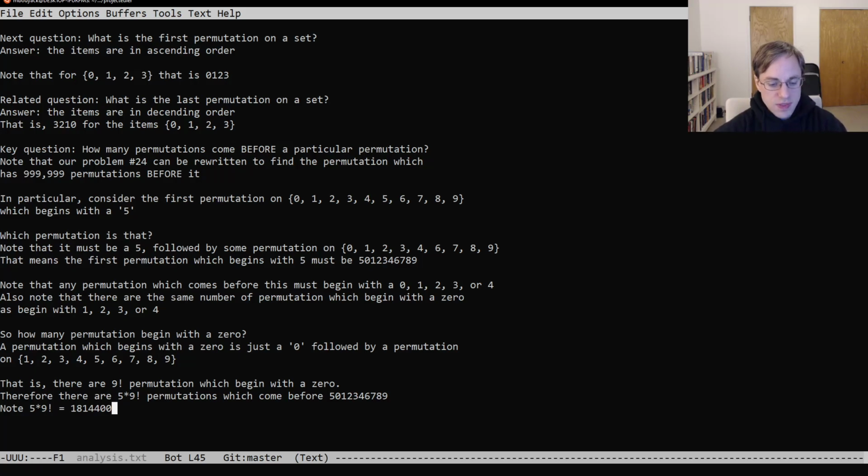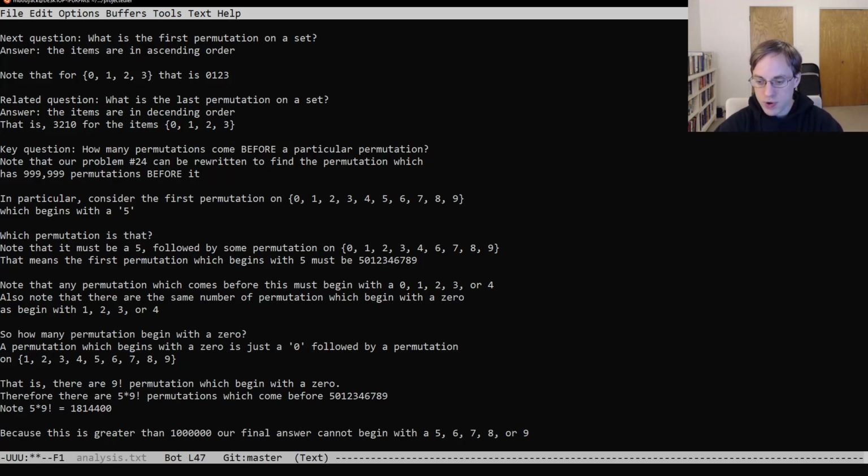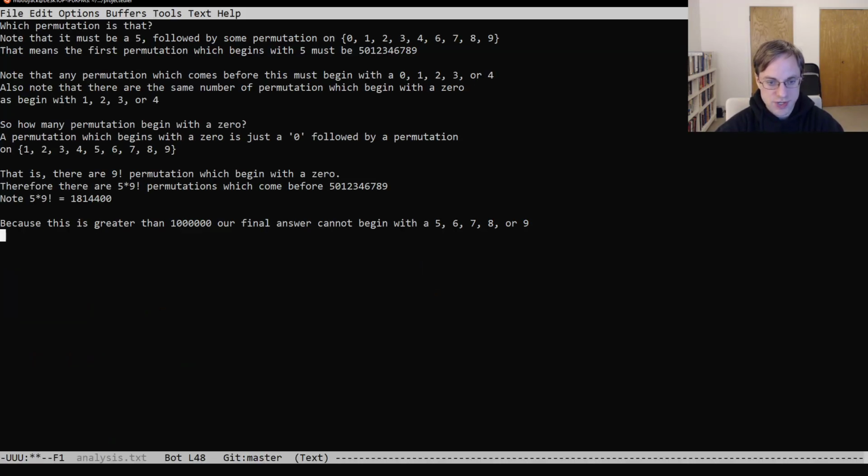And so you'll note that this is greater than 1 million. So because this is greater than 1 million, our final answer cannot begin with a 5, 6, 7, 8, or 9. It has to begin with some smaller digit.